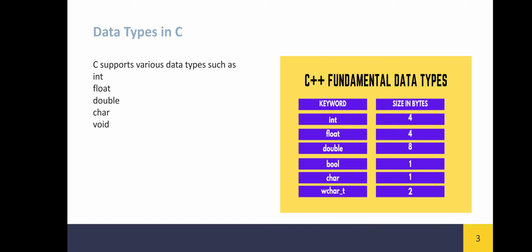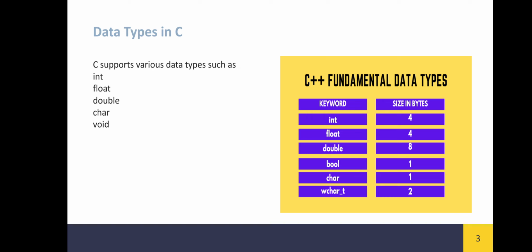Fundamental data types include char, int, float, void, etc. Now let us talk about the int data type. Int typically has 4 bytes in size and is used to represent integers within a certain range, and it depends on machine to machine or software to software.